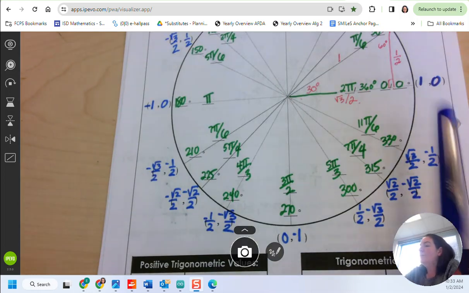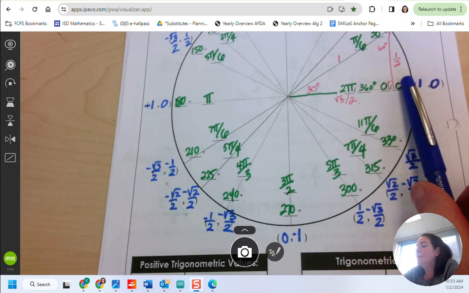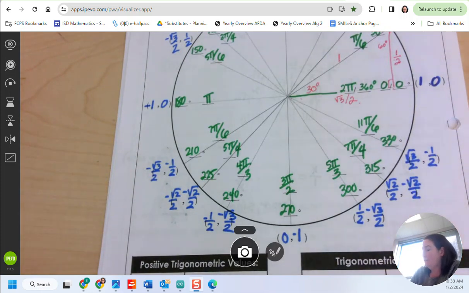Then in the fourth quadrant, all your x's should be positive, but your y's should be negative. All right, so we're going to fill out the tables at the bottom.